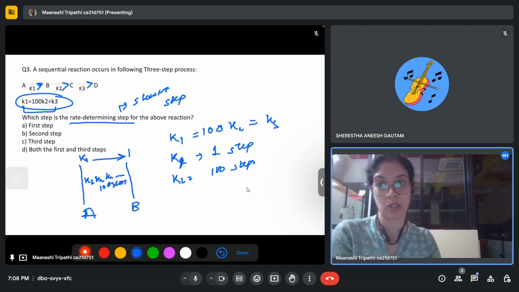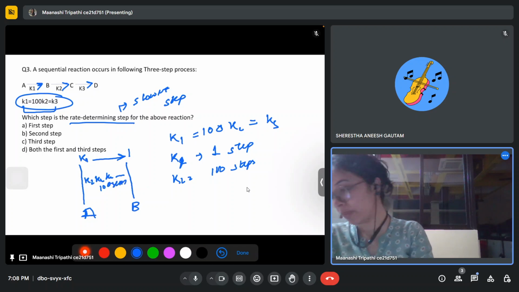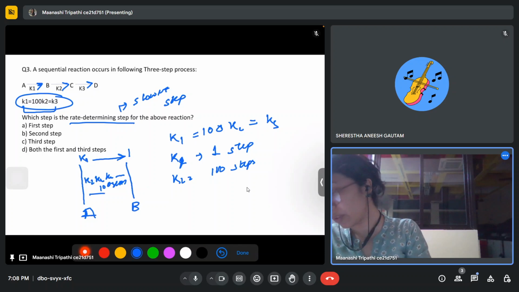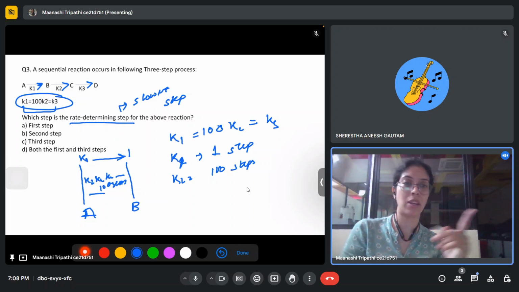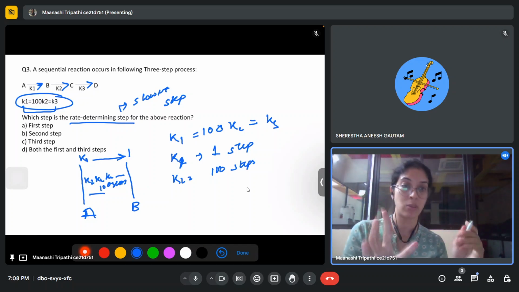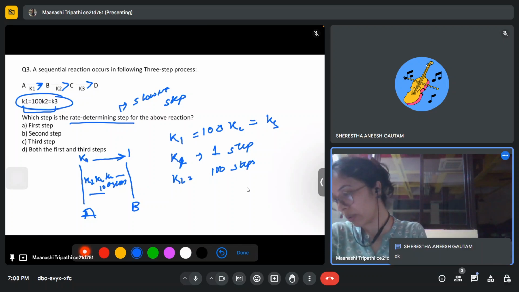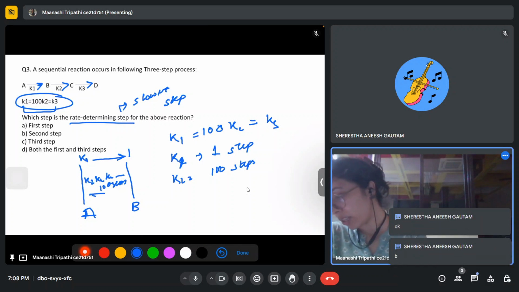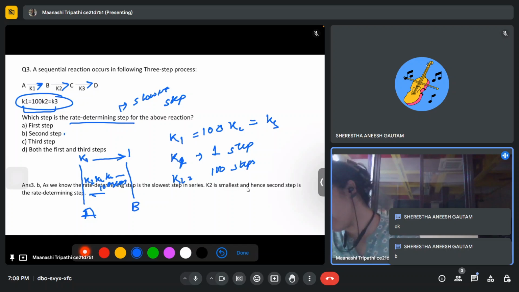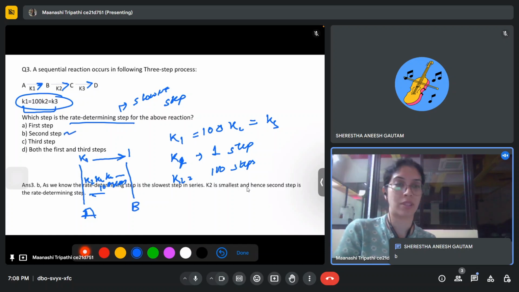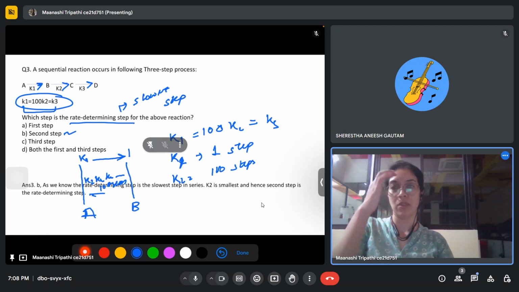So which one is slow? K2 is slow. Because K1 can go in one step, but K2 has to take 100 steps. So which one is slow? K2 is slow. That's why the correct answer is B. Second step is the slowest. Yes, very good. Okay.